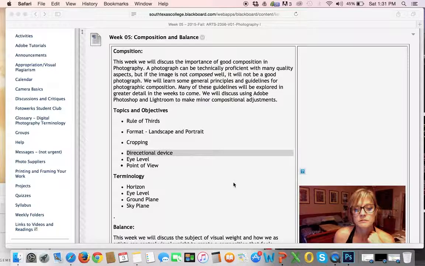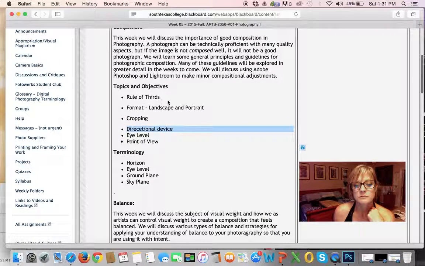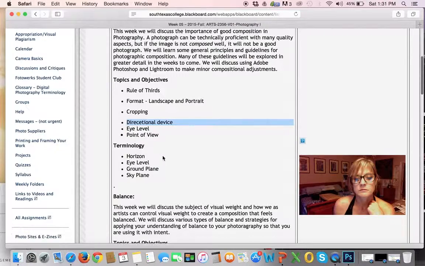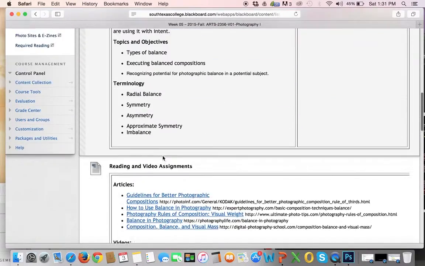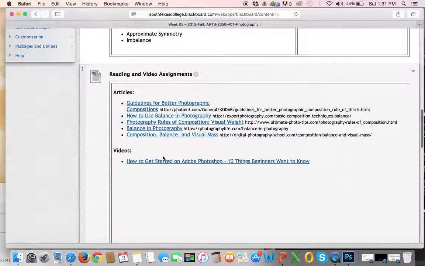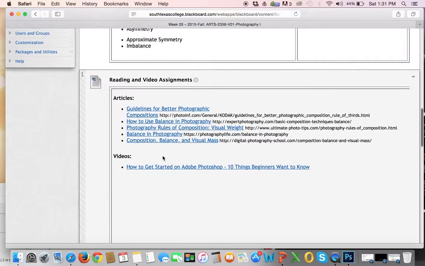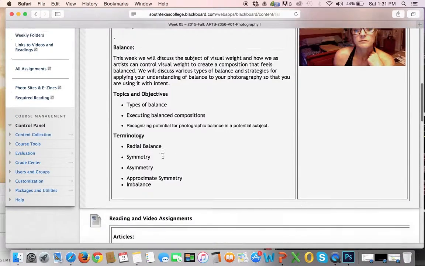And so I'm going to give you some exercises to do where you can try out different compositional techniques. And so I've got the rule of thirds. I think I've already talked to you about this a little bit before. I've got quite a few things for you guys to look at, and it's some reading assignments here.